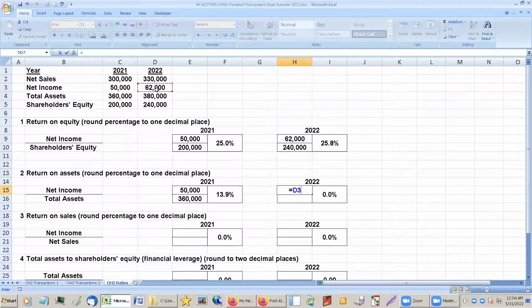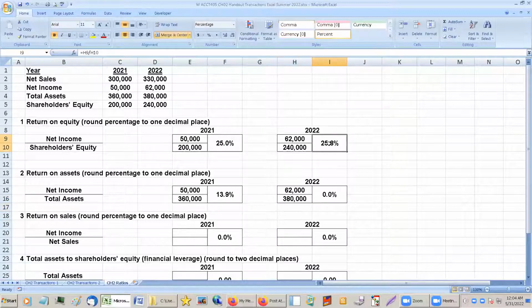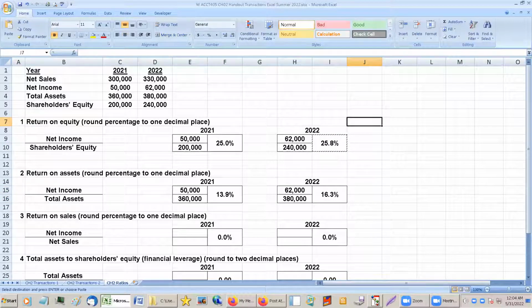And net income for 2022. And we're going to go grab our total assets. And again, I'm going to copy and paste. And again, this one is kind of the same way, income's on top. So if there's good things on top, you want it to be higher. So it looks like 2022 is a little bit better than 2021.